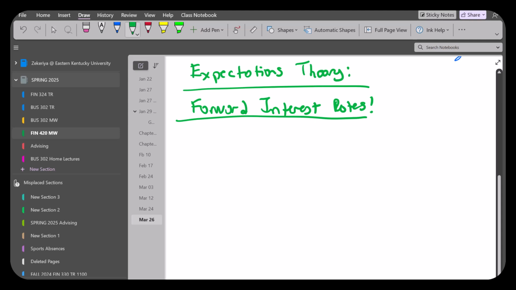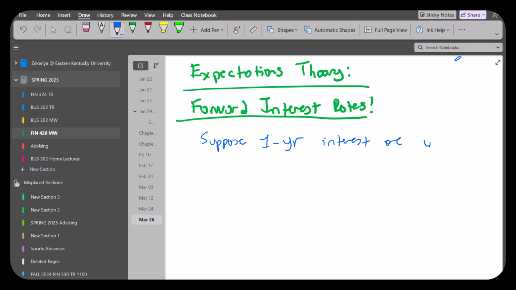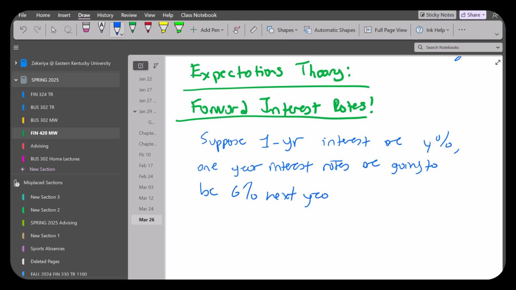Example, suppose 1 year interest rates are 4%. And for whatever reason, you think 1 year interest rates are going to be 6% next year. This is the expectation.